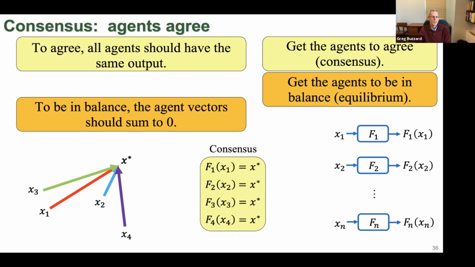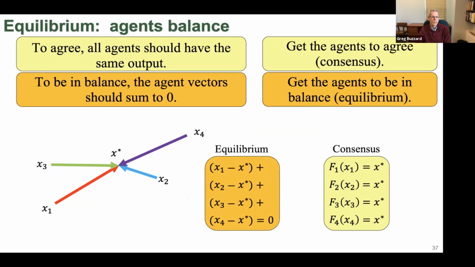In this configuration, all these agents think it's better to move in this general up and right direction, so we should be able to find some solution up here that all the agents think is better. To get a good solution, we not only want them to agree, we want them to be in balance. So here's the consensus, the agreement part. The equilibrium part is that these vector differences between the input and the output should sum to 0.